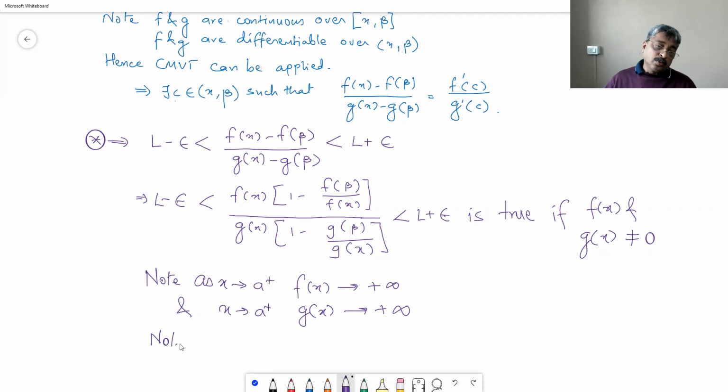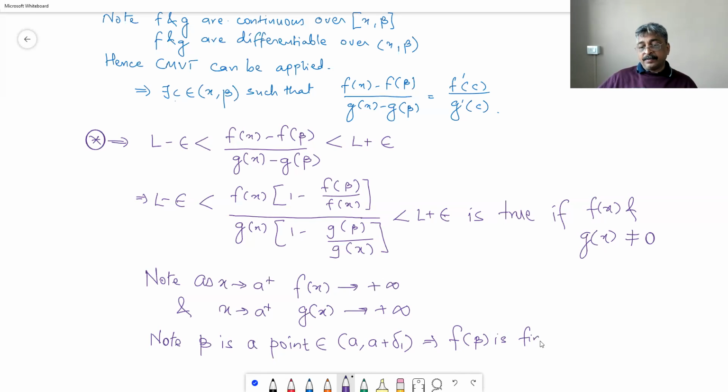Note, b is a point in the delta 1 neighborhood, or maybe b is a point belonging to a comma a plus delta 1, implies f of b is finite.